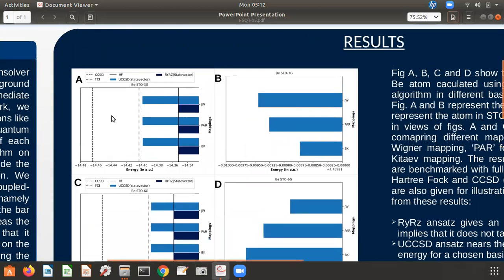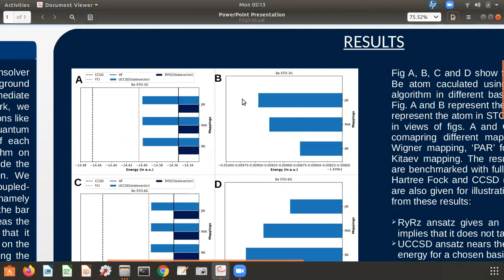This is the CCSD energy, this is the Hartree-Fock energy, and this is the FCI energy. After Hartree-Fock, electron correlations become important. Here you see that the UCCSD ansatz takes into account the electron correlations, whereas the hardware efficient ansatz only uses the Hartree-Fock method and hence does not take into account the electron correlations.